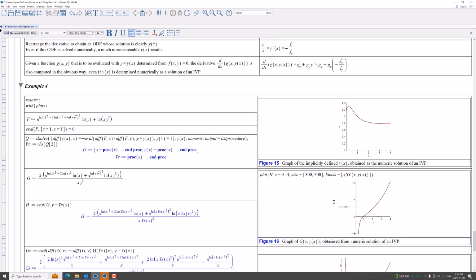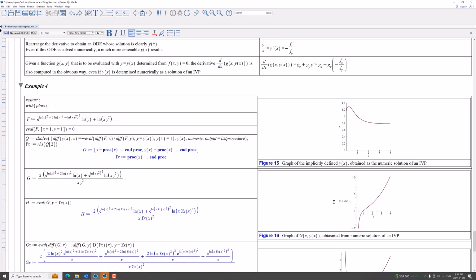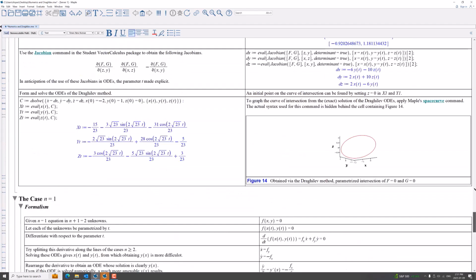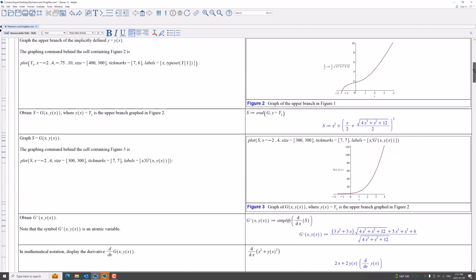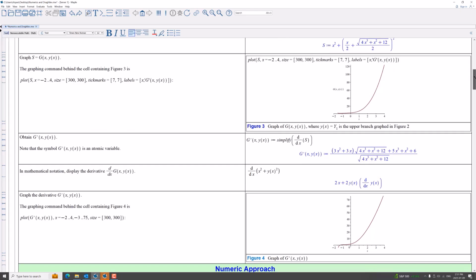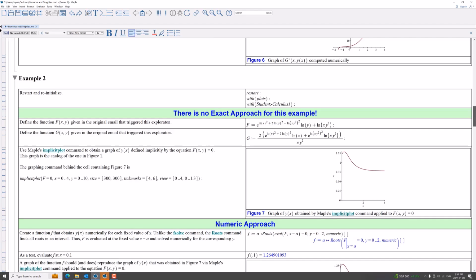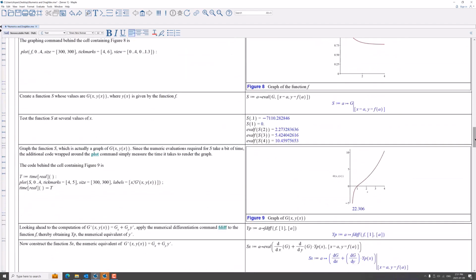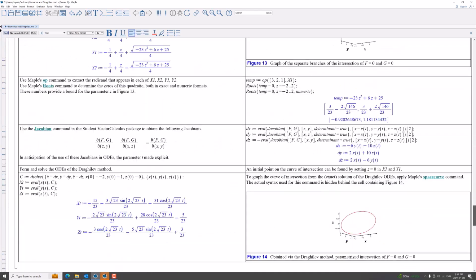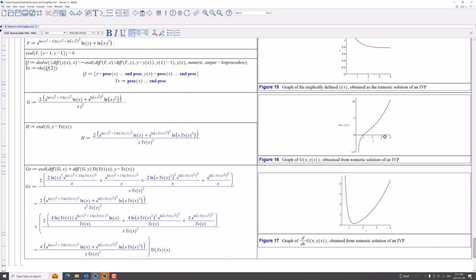That's what the graph looks like. And it resembles the graph that we had obtained earlier. You can go all the way up here to what we did numerically, and compare. Well, that wasn't the example. It's this example here. Right, that curve there. This curve here.